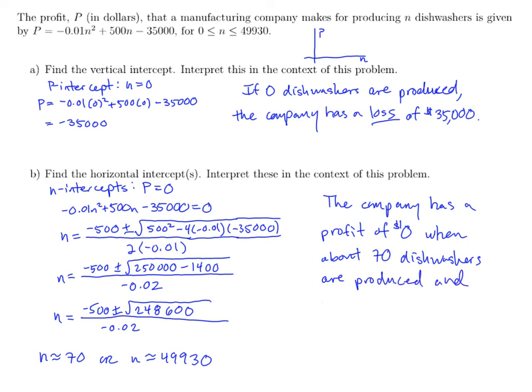And when about 49,930 dishwashers are produced. And if we look at the restrictions that we saw on N, it makes sense then why N was restricted to 49,930 in that first statement.